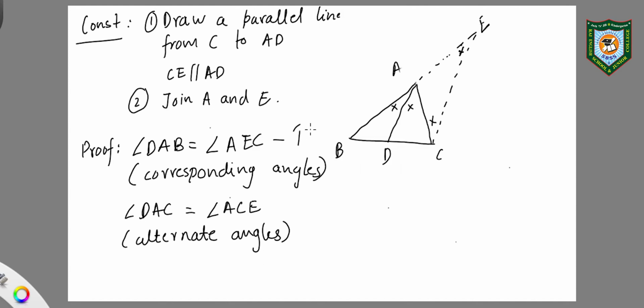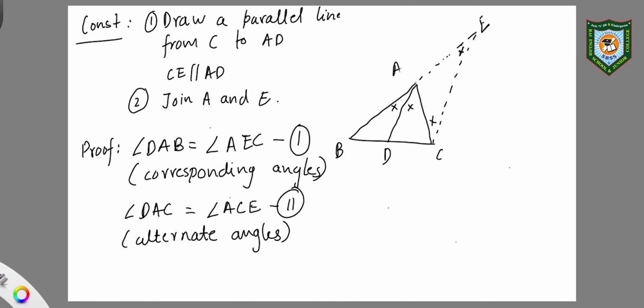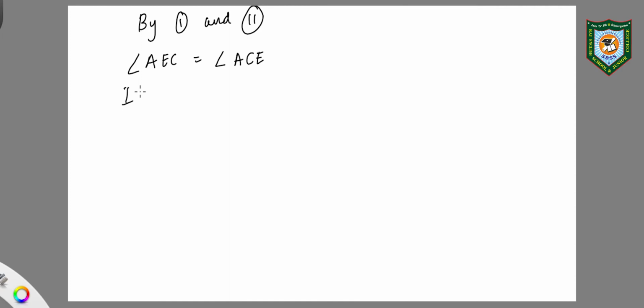This is going to be equation number 1, this is going to be equation number 2, and by 1 and 2 I can say that angle AEC is going to be equal to angle ACE. Now, if we observe triangle ACE, here in triangle ACE, angle AEC is equal to angle ACE.